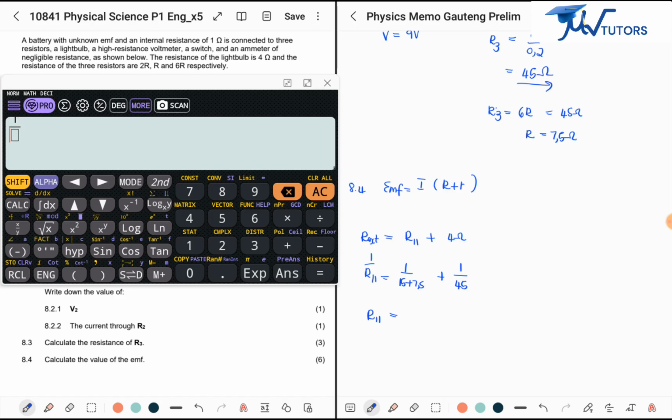I have 1 over 7.5 plus 1 over 15, and then plus 1 over 45. So if I take that answer and I say 1 divided by the answer, I get 15. So we have 15 over there. So then the R external would be the 15 plus 4 ohm, which is simply 19 ohm.